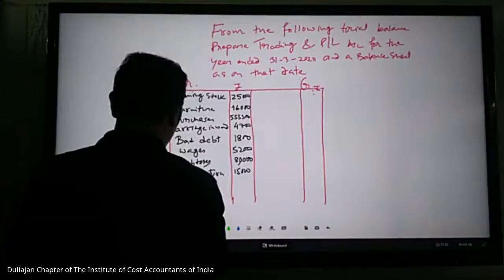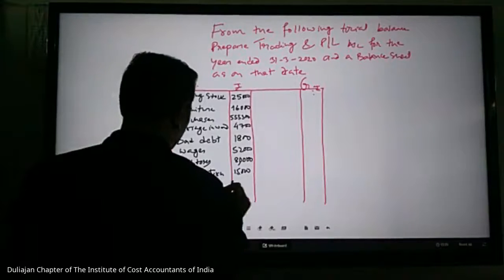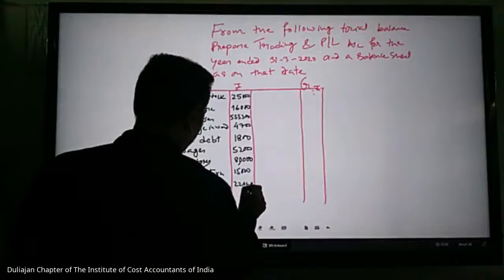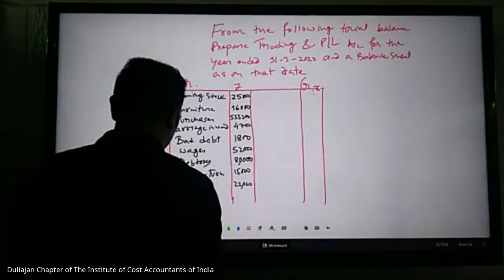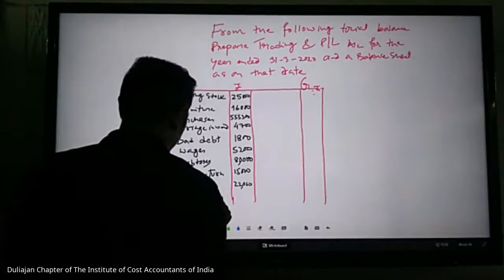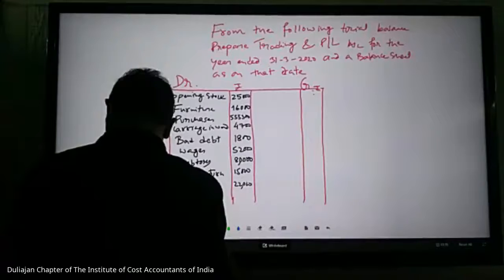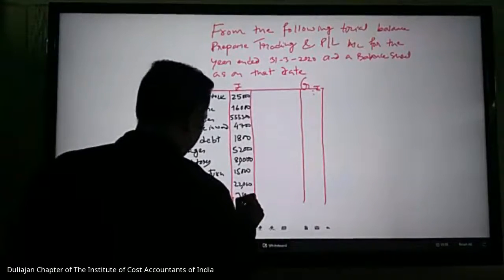Rent 22,000. Miscellaneous expenses 3,400.